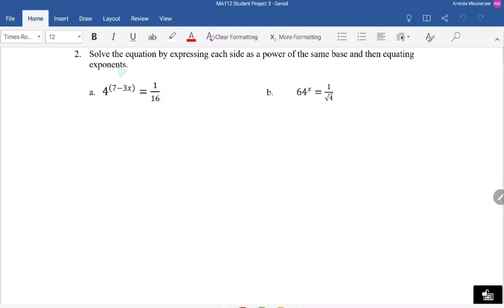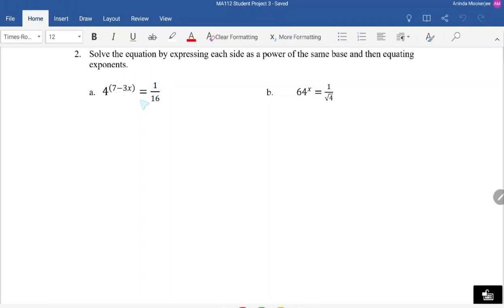Now recall that when solving exponential equations, your first goal must be to get the two sides to the same base if possible. If we can write all the terms with the same base, then we can just make the exponents equal to each other and solve for x.